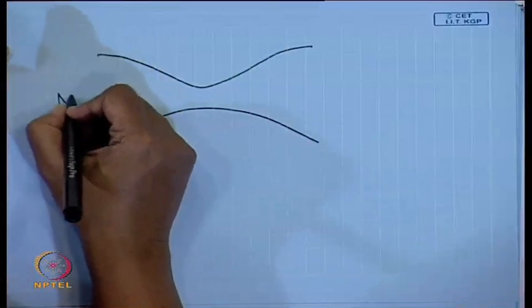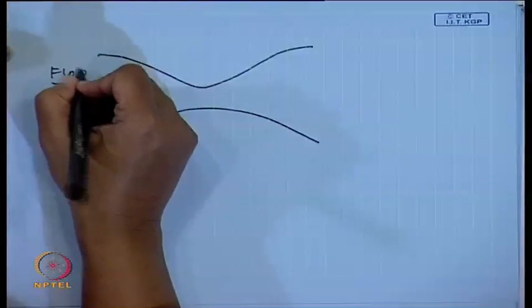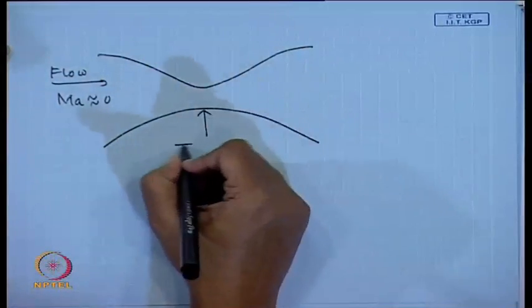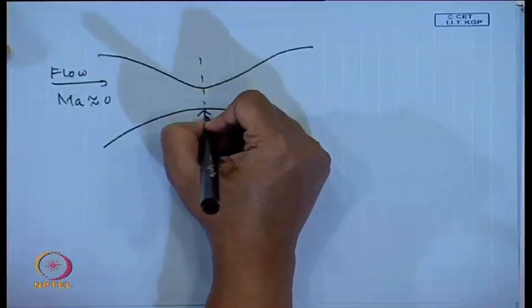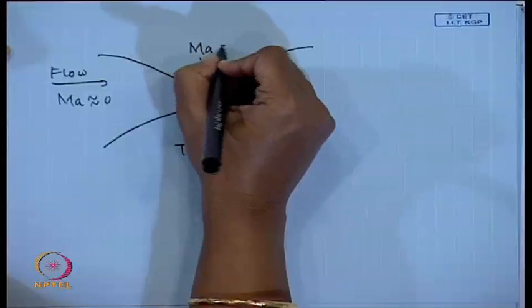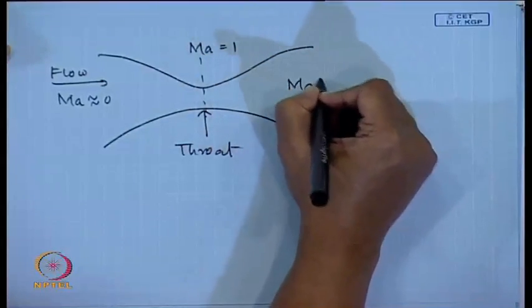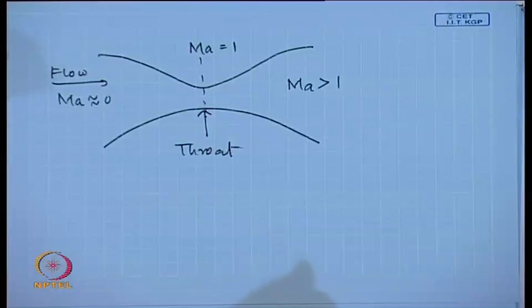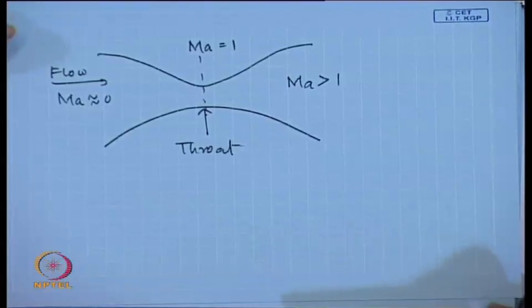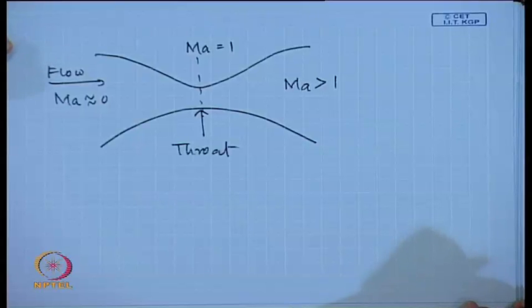So, here the Mach number is almost equal to 0, flow occurs in this particular direction, and this is known as the throat. Now, as we keep on increasing the velocity, we come to Ma equals 1 here, and then in this divergent section we get Ma greater than 1. So, in order to accelerate flows from the subsonic to the supersonic range, we need a convergent divergent profile of a nozzle.